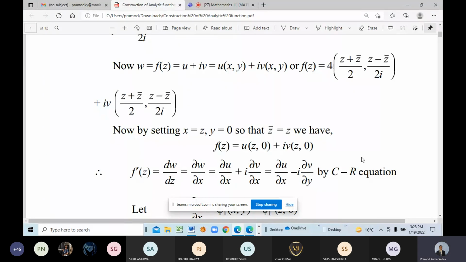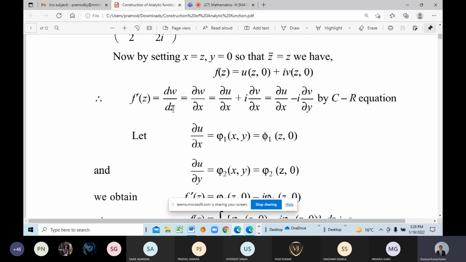Now if f(z) is analytic, then the value of f dash z is dw by dz, and this value is nothing but del f by del x. We have shown it earlier. Del f by del x.